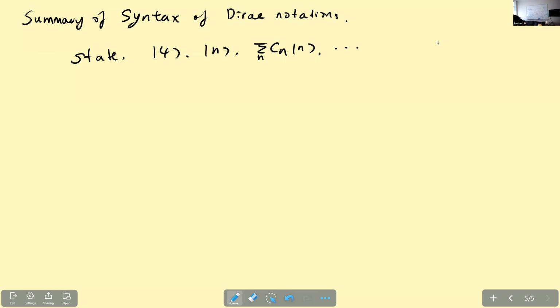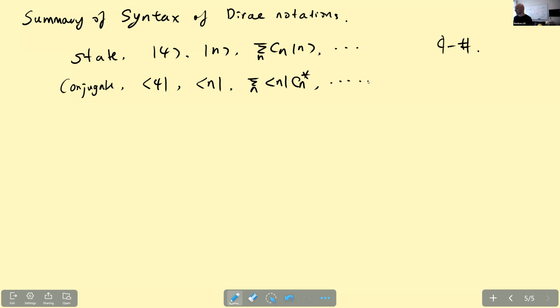So this one is the Q number. Q number is kind of like a quantum number. You can have a conjugate: ⟨ψ| or ⟨m|, or the summation of ⟨m| c_m complex conjugate. So this one actually can be written as |ψ⟩ taking the conjugate.